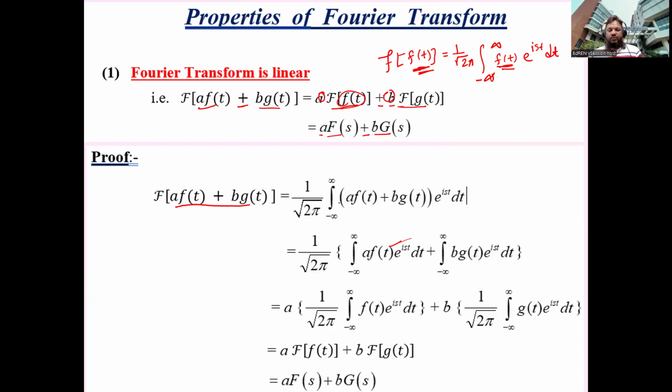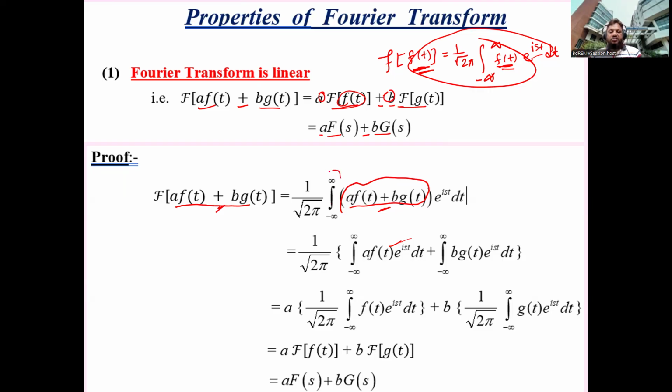Right. So by the definition of Fourier transform, we can write 1 by root over 2 pi, limit negative infinity to positive infinity, of a f(t) plus or minus b g(t).